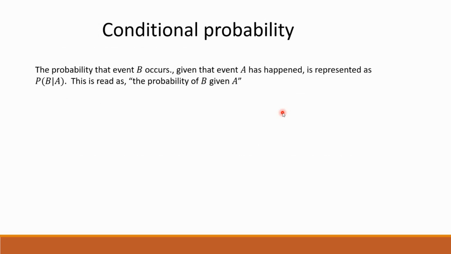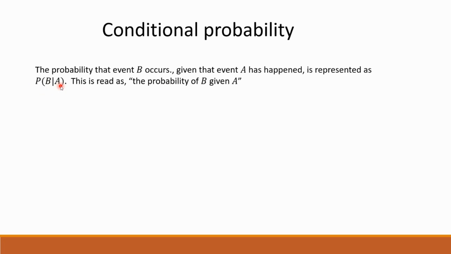Here, this is basically notation. It says the probability that event B occurs given that A occurs. Or you can think of it this way: the probability that B occurs such that event A occurs.